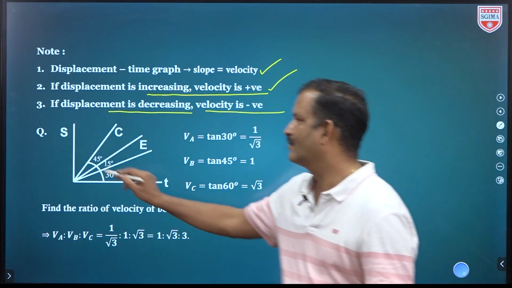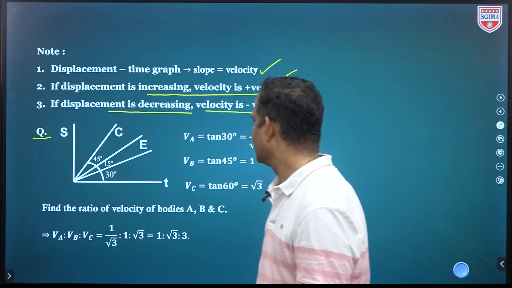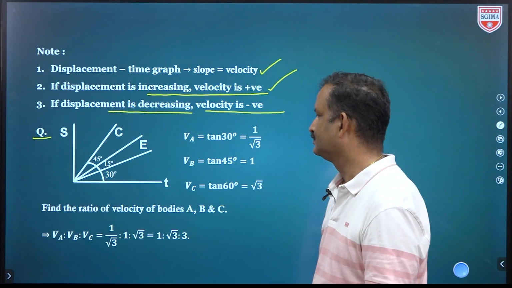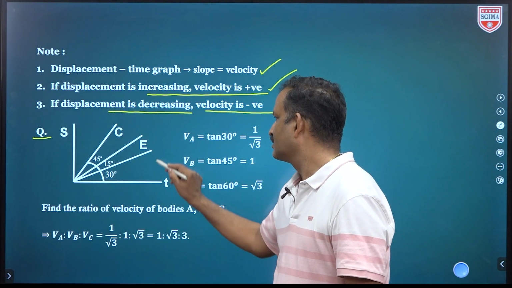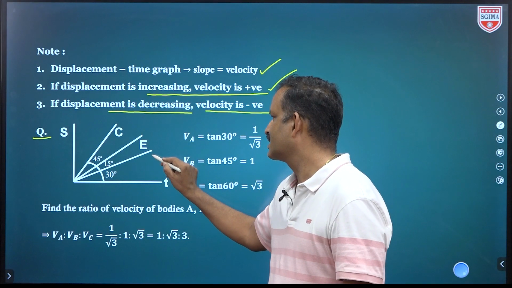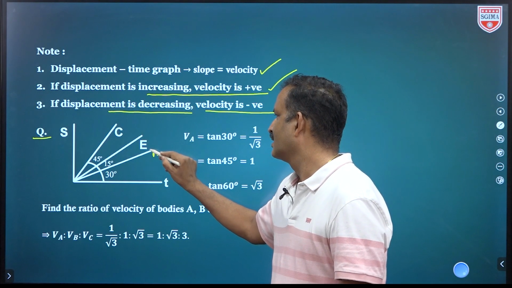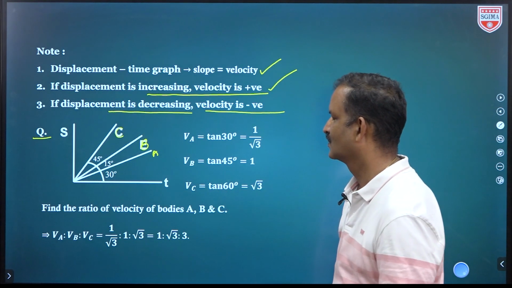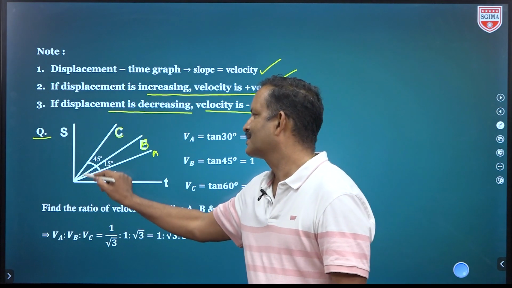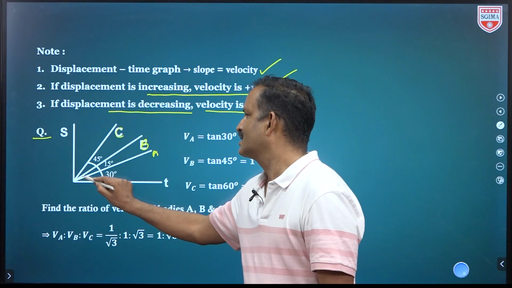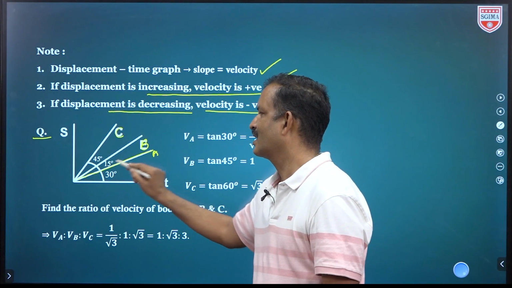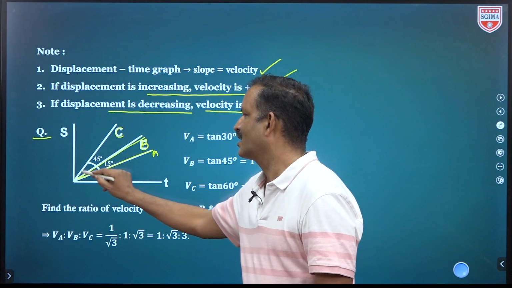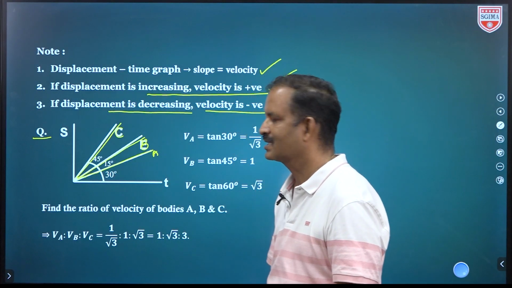For example, here these are graphs. This is graph A, this is B, this is C. Displacement time graphs are in this way. A straight line means uniform velocity.